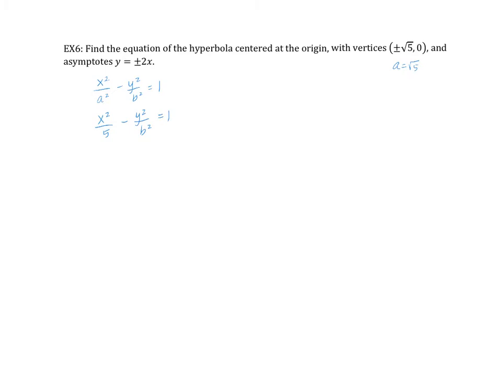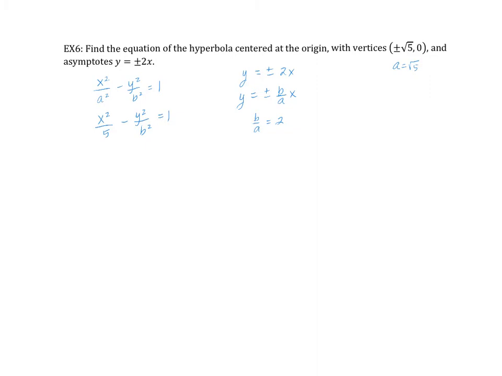Well, I have that the asymptotes are y equal to plus or minus 2x. But remember, since the vertices are along the x-axis, the asymptotes take the equation y equal to plus or minus b over a times x. So comparing this, that tells me that b over a is equal to 2.